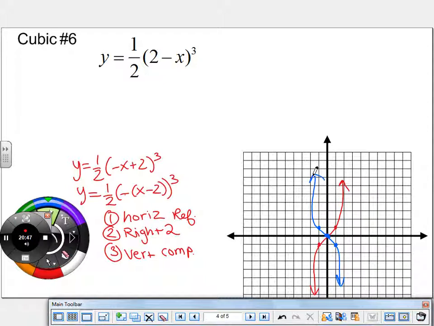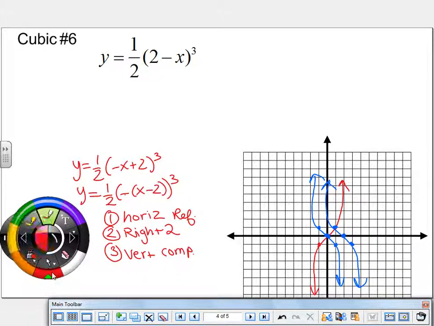So people were talking about how when you horizontally reflect this graph, it actually looks the same as if you vertically reflected it because of the nature of the graph, which is true. Then we want to go ahead and move everything right 2. So the vertex would then be here, and we still have those points, one away and one up and one away and one down. Okay, so it's just the whole thing's been shifted over to the right 2.